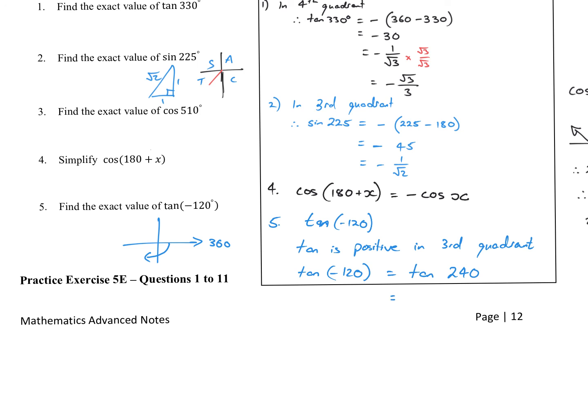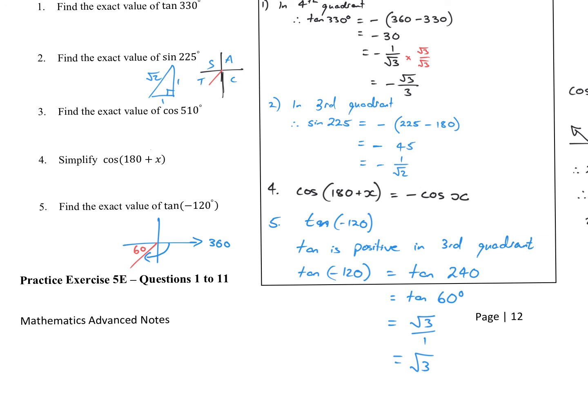If we've got 240 that way, then this angle in here must be 60. So it's going to be equal to tan 60 degrees, which is root 3 over 1, which is root 3.